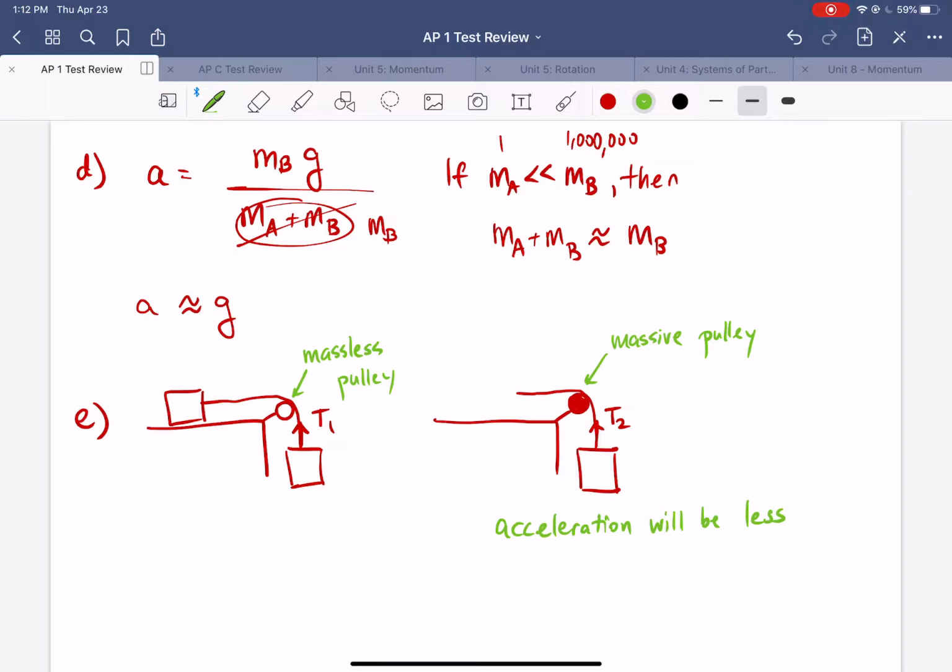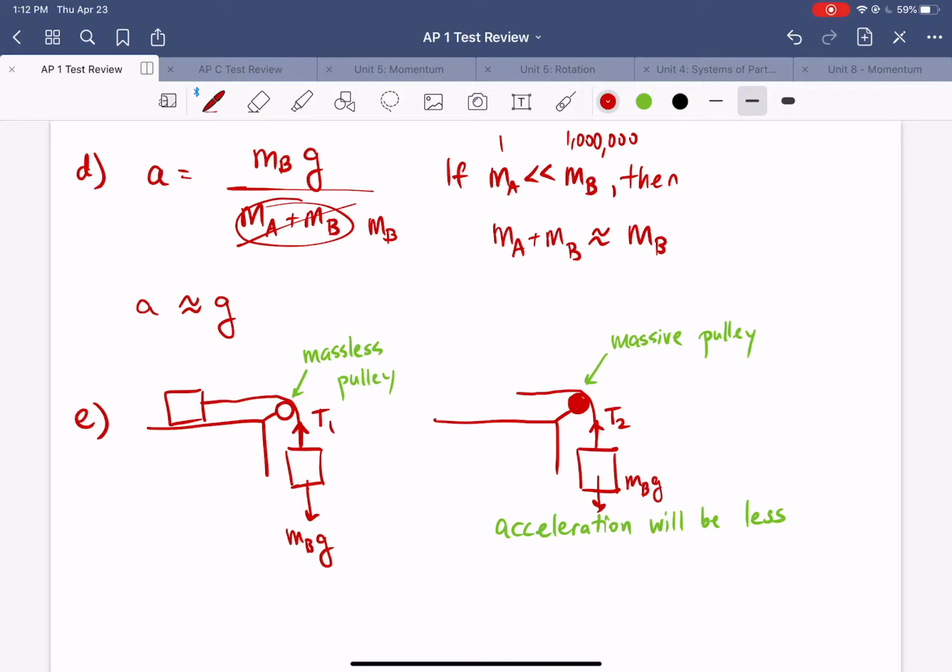So knowing that the acceleration of the system is going to be less, is that enough to tell us the answer to this question? Well, if we focus just on the hanging block, there's still just two forces acting on that. We have m_b g pulling it down, and then we have some tension force pulling it up.